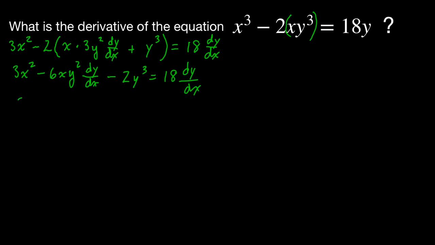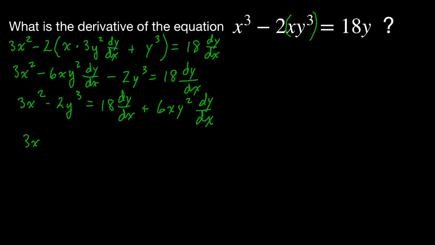So that's going to give us 3x squared minus 2y cubed equals 18 dy/dx plus 6xy squared dy/dx, and then we will factor out dy/dx out of both terms, so we'll have dy/dx times 18 plus 6xy squared.